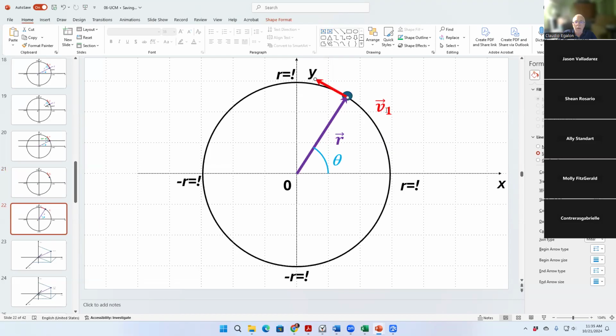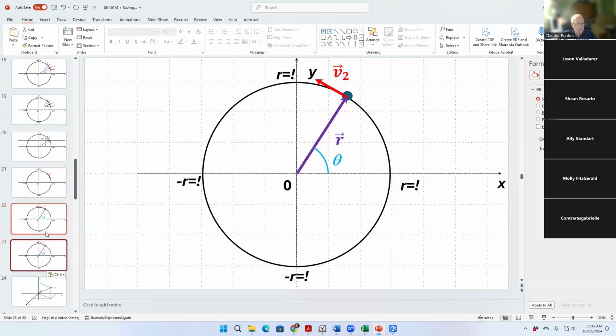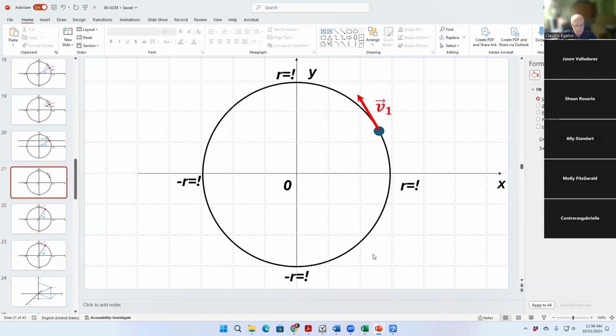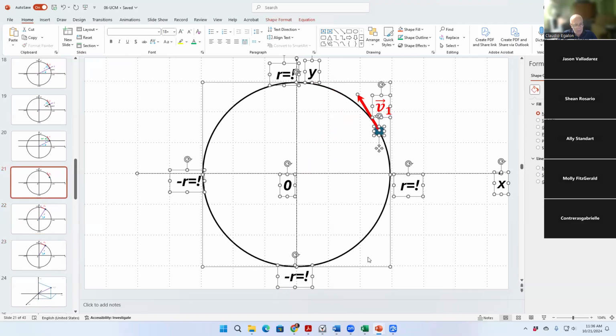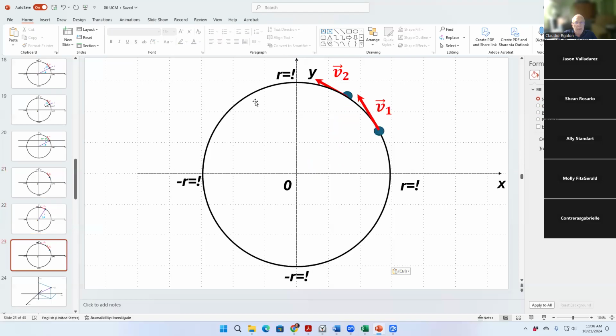And I'm going to combine them in a single drawing, so you can see them more easily. All right, here you go. I'm going to combine those two drawings into a single one. Let's see.